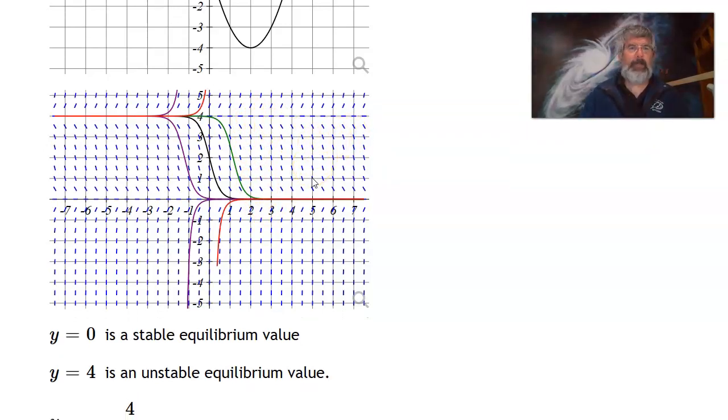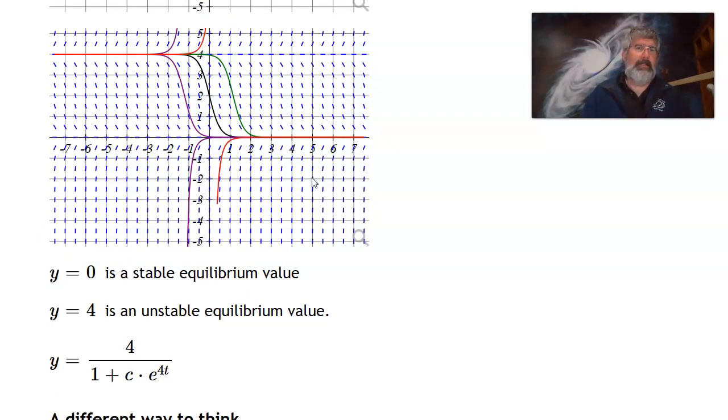Okay. Now, I did happen to do the calculation to solve the differential equation. We will show you how to do that in a separate video. But one thing I want to point out here is that this was not linear, and that this is not actually the general solution, because although it does get the y equals 4 solution when c happens to be 0, it does not ever give you the y equals 0 solution.